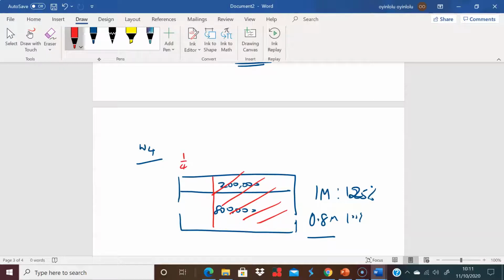A quarter times 200,000 is 50,000, so here we have 50,000 as a perp still left. And a quarter of the cost is 200,000.